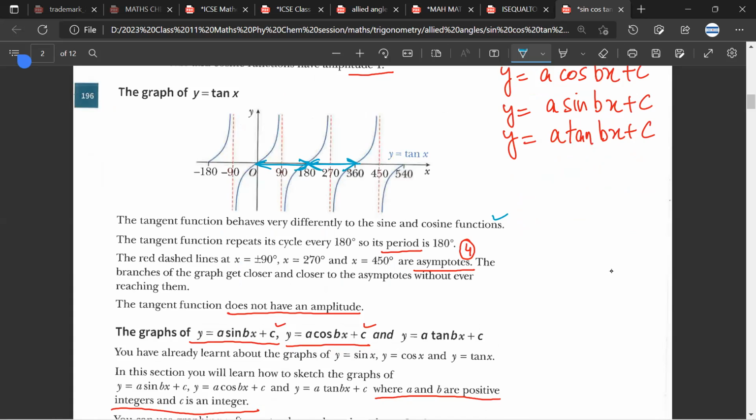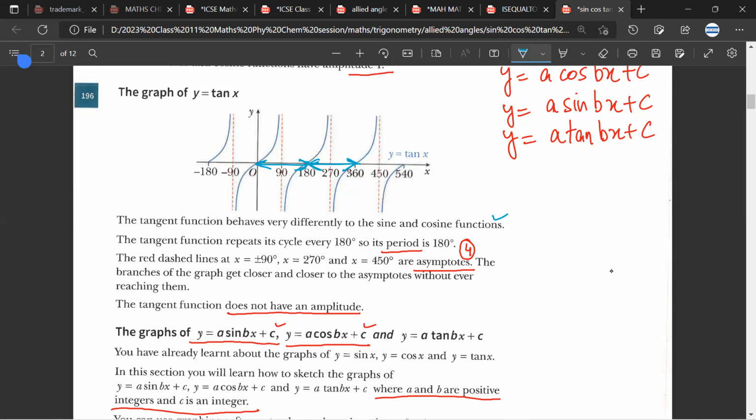Is it making sense? So a sine curve repeats itself after 360 degrees. A tan curve repeats itself after every 180 degrees. Okay. Is it making sense?